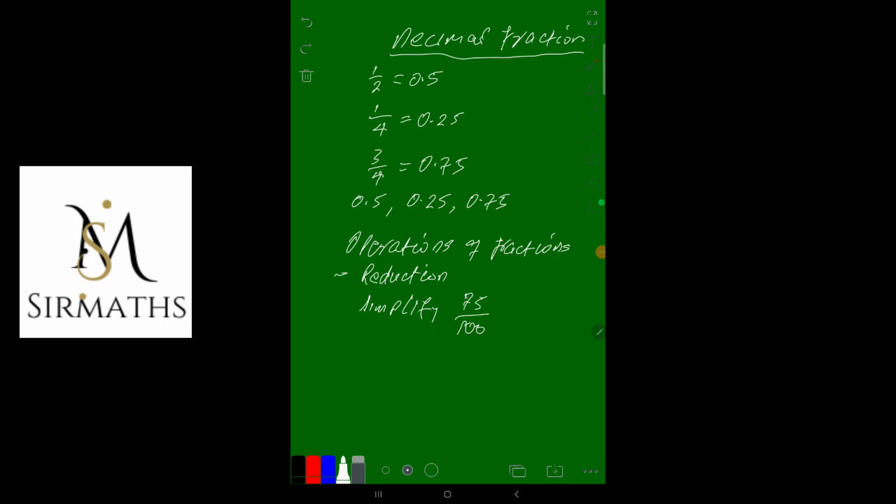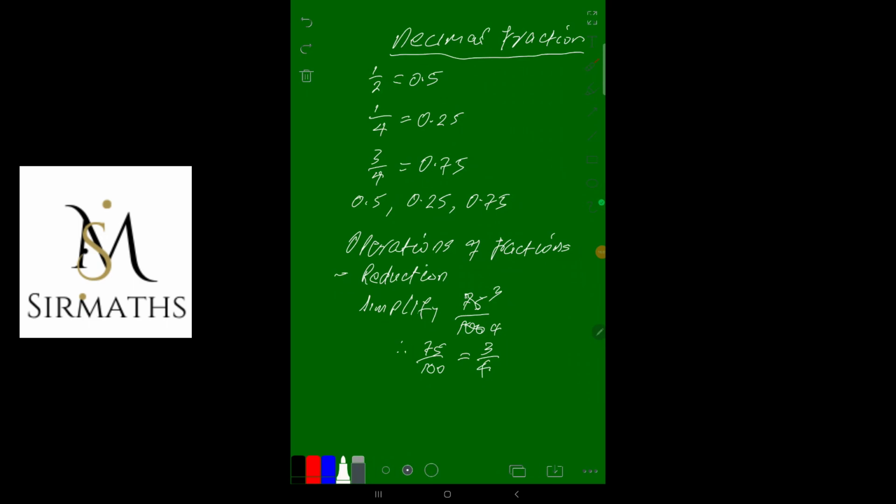We can start with the smaller number that can divide 75 and 100. 5 can do that. Or if we know what to do, 25 can divide this to give us 3, and 25 divides this to give us 4. Therefore, 75 over 100 is now simplified to 3 over 4. We have done reduction. We have reduced this to the lowest term.